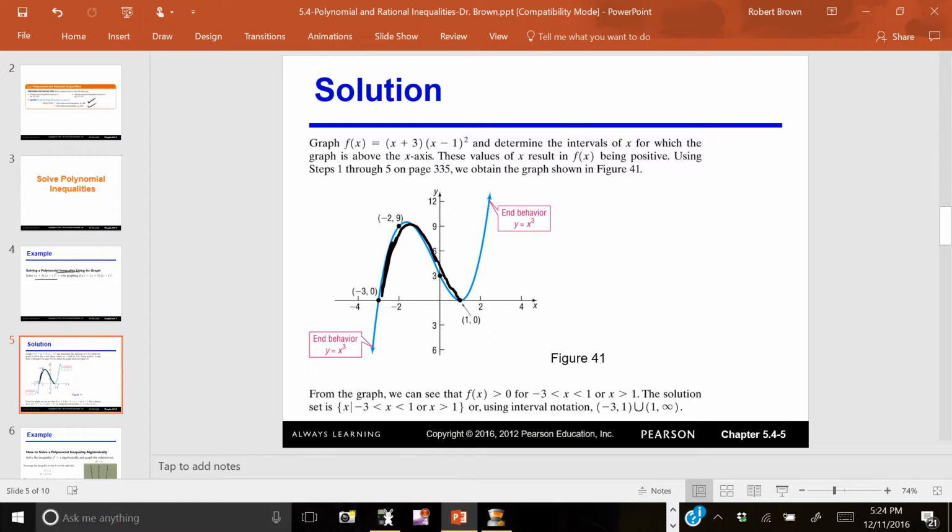So basically it's for x more than minus 3, less than 1, or x more than 1. We can also write that in interval notation from minus 3 to 1 in union with the set 1 to infinity.